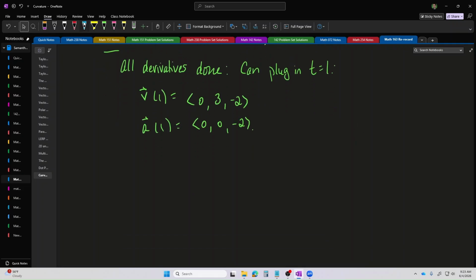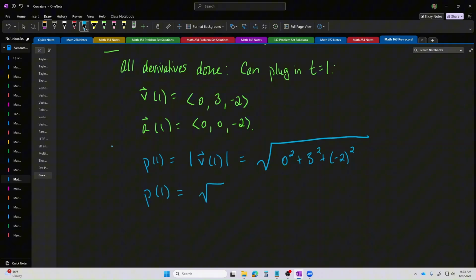From this, I can find the speed at time 1 by taking the magnitude of the velocity vector. The magnitude would be the square root of 0 squared plus 3 squared plus negative 2 squared, so the speed at time 1 is equal to the square root of 13.